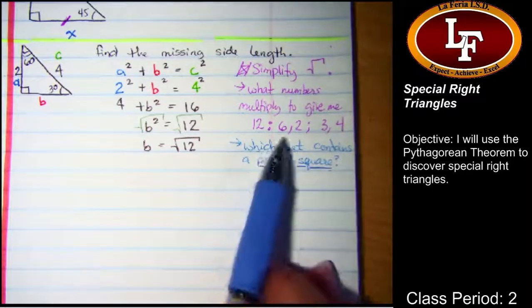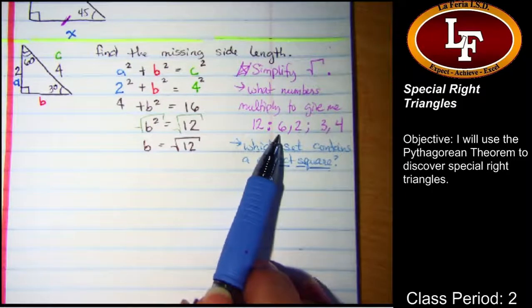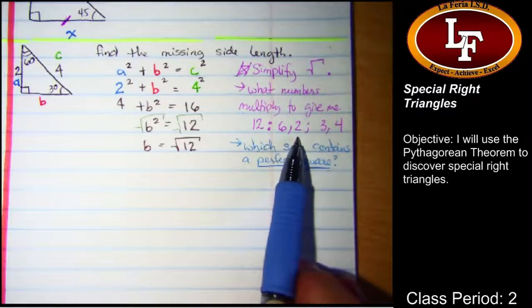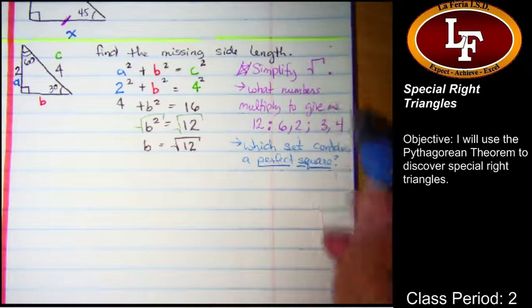So if I look at 6, what numbers multiply together to give me 6? 2 and 3. Are those the same number? No, they're different, so 6 is not a perfect square. What about 2? 2 and 1. Same number? No. So these can't be it.